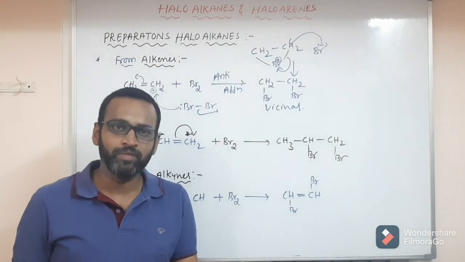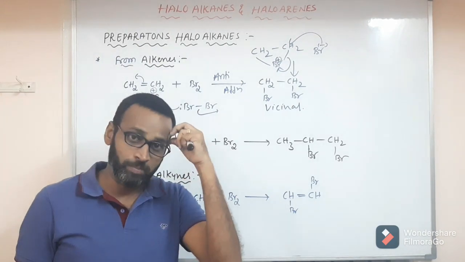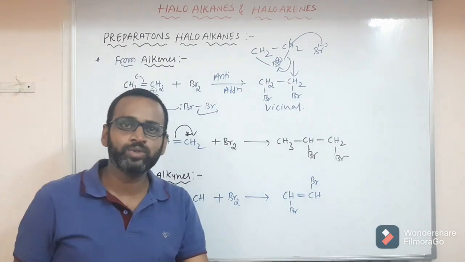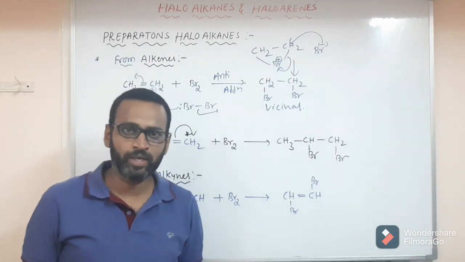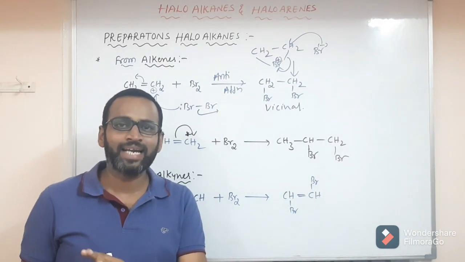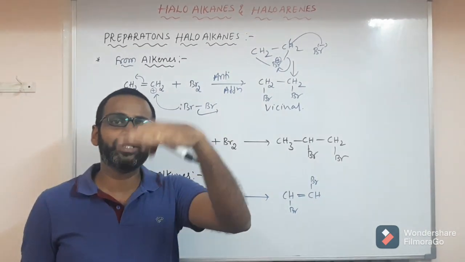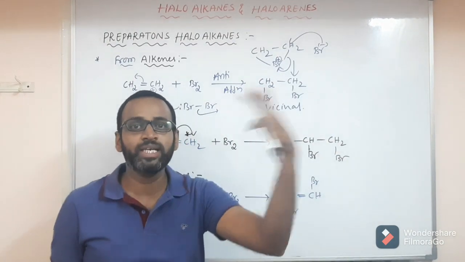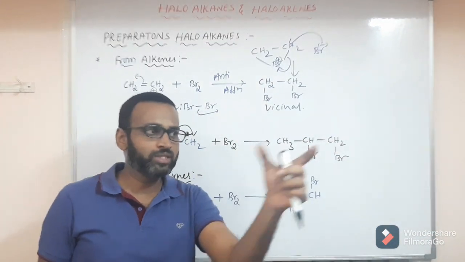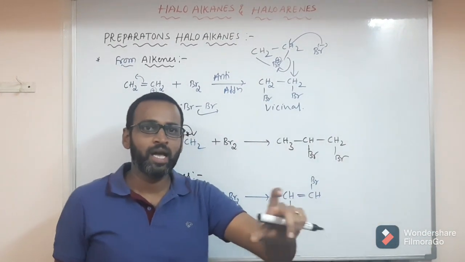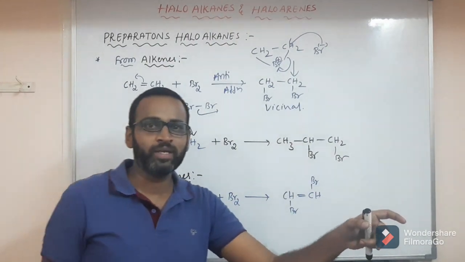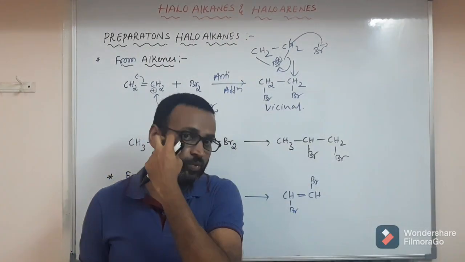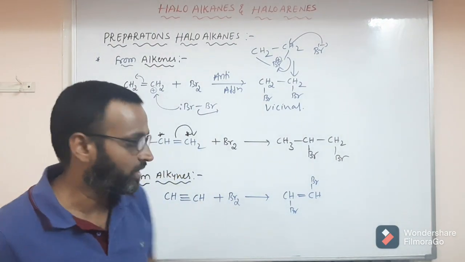I was given previously for our previous students, but any new students also can learn. I repeat, for cis and trans, how anti-addition products will come and how Syn addition products will come, means how the racemic mixture comes and how only meso comes. Okay, like that I will tell you. So those are very, very important.